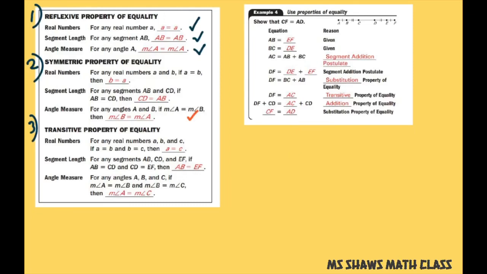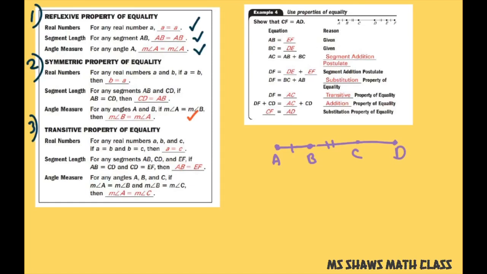So the first example is show that CF equals AD. So let's look. I'm going to draw it here. CF equals AD. Now the reason you can tell that: there's A, B, and C, and this is D, and that equals CF. And all you're going to do is add your tick marks.